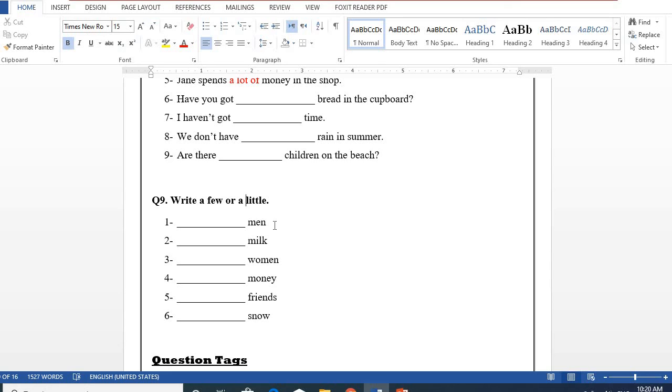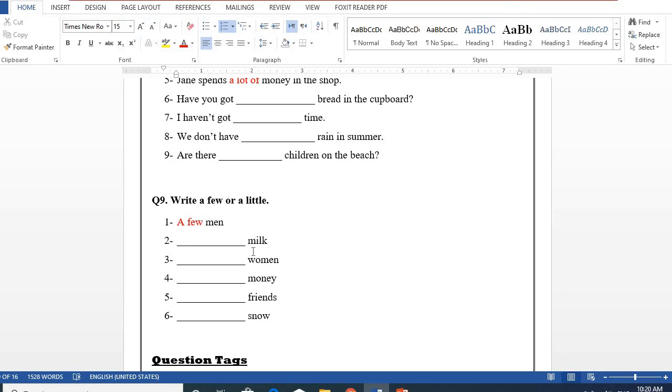Men. The noun men is countable. Why? Because I already made it plural. It was man when it was singular, and now it is men when it is plural. Since I made it plural, it is a countable noun. So do I say a few men or a little men? With the countable nouns, I use a few. Milk. Milk is an uncountable noun because it couldn't be plural.